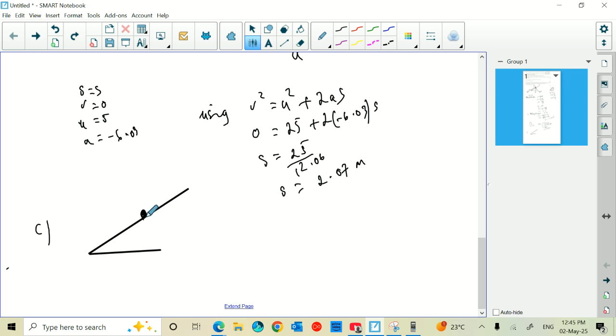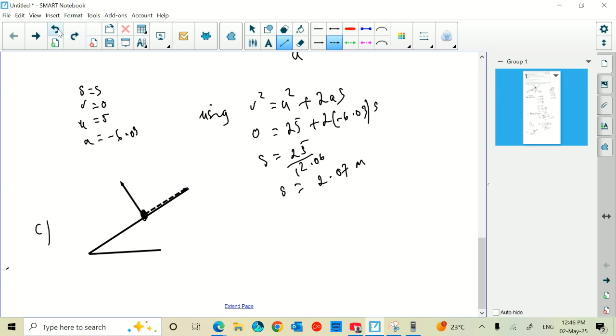Now, if the particle is sliding down the plane, let's put the particle in here. Again, here's our particle, and we have the similar situation of our normal contact force. There's our normal contact force. Now, if the particle is sliding down the plane from B, the friction is acting in the opposite direction.